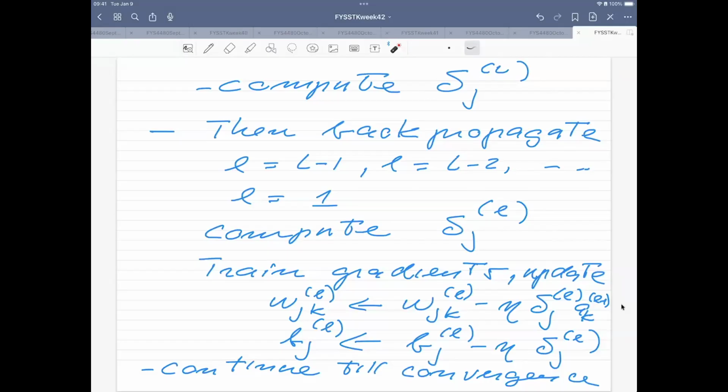And I'm going to have 2,000 images, so 64 input nodes per image, and I'm going to train on 2,000 images. That's the definition of my design matrix: 2,000 input data, and each input data has 64 pixels, 64 nodes.